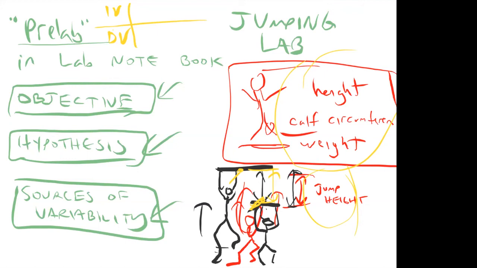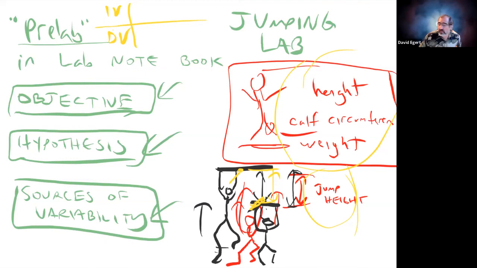We'll be using different versions of those. We'll have people of different heights, different calf circumferences, different weights. And then what are we going to do? Have them jump, and we'll measure the jump. And what is that jump going to be? The dependent variable. Exactly. That's going to be our dependent variable. Does that make sense?